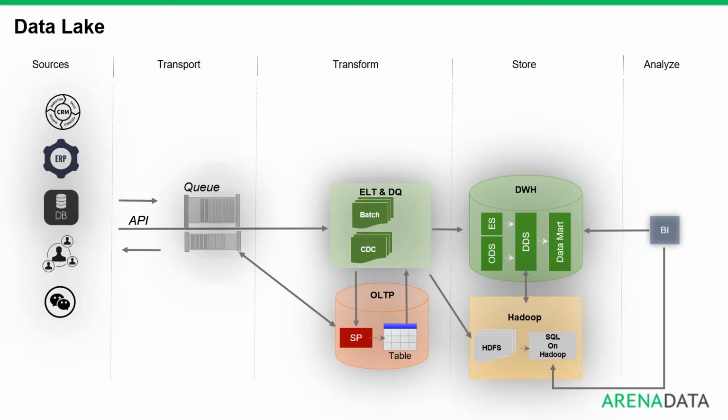And as you can see here, there are new types of elements in the architecture which allow you to load and ingest data from another type of data sources, like social networks. Basically, it can be unstructured or quasi-structured data. And usually for this, many companies start using Hadoop.